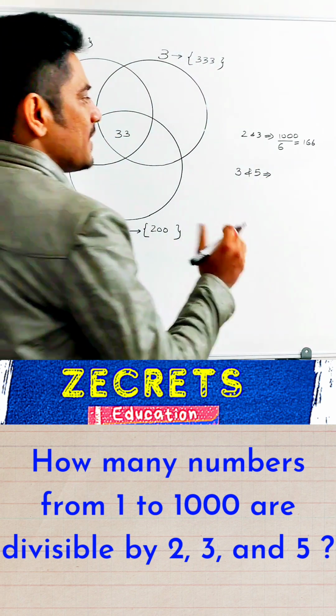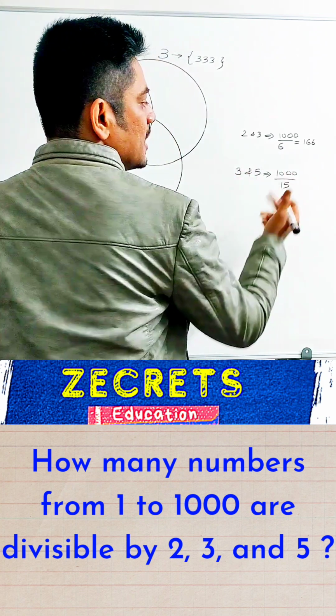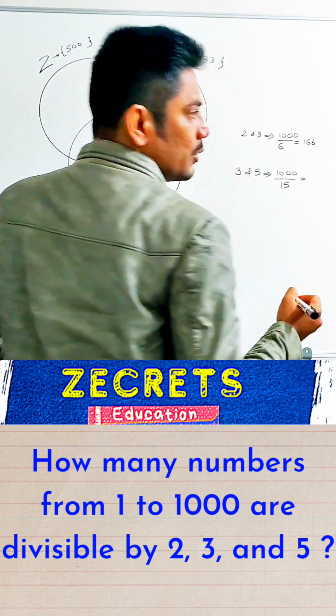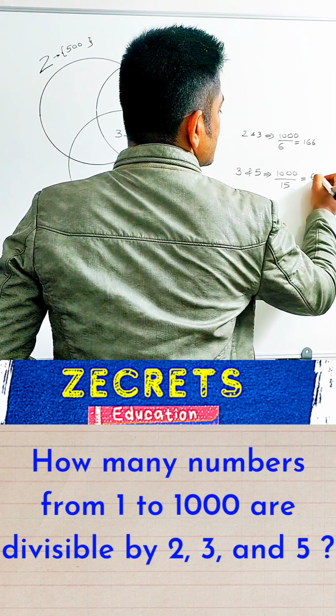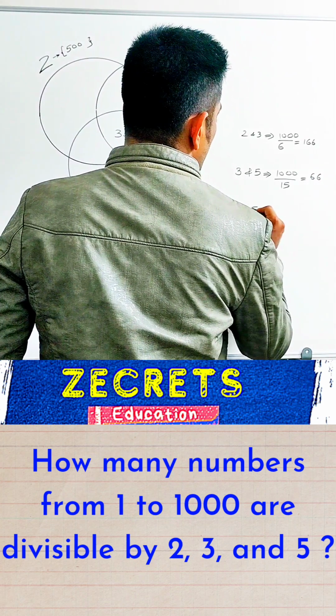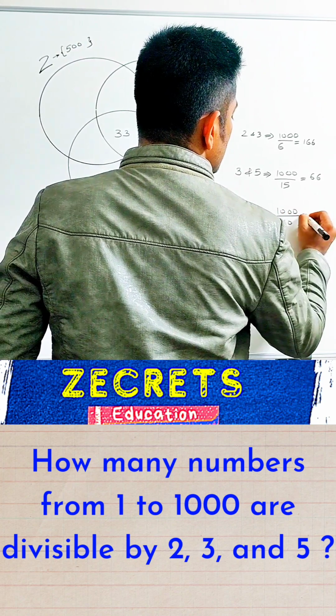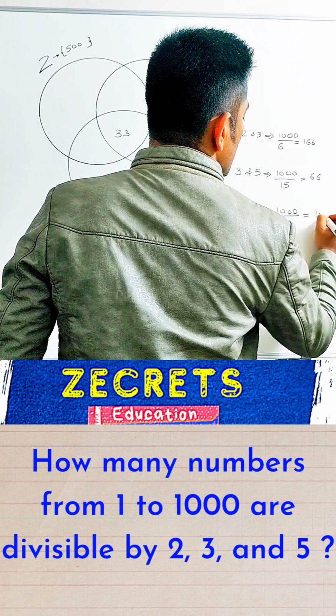Then 3 and 5. So it is basically 1000 divided by 15, which is 66. Then numbers divisible by 2 and 5, which is 1000 divided by 10, and that is 100.